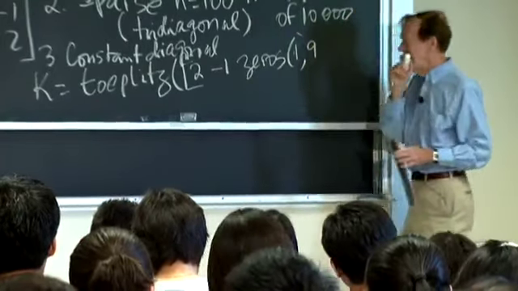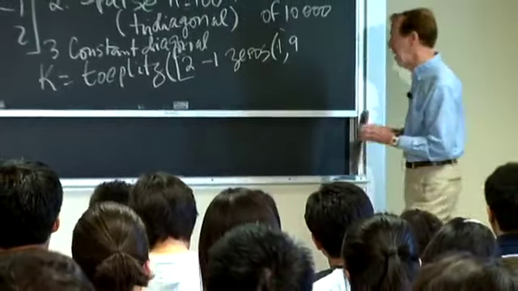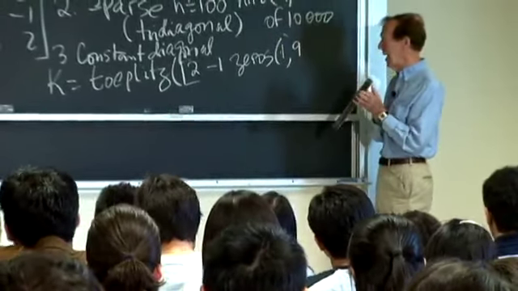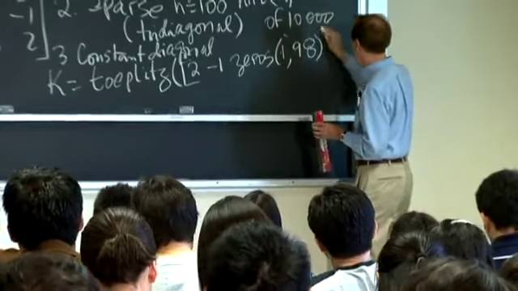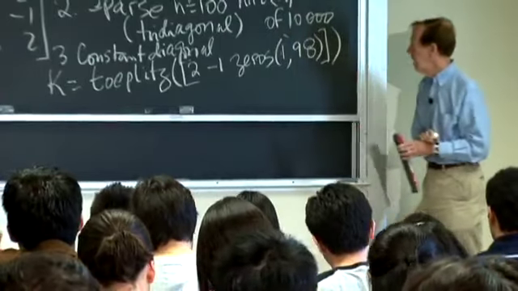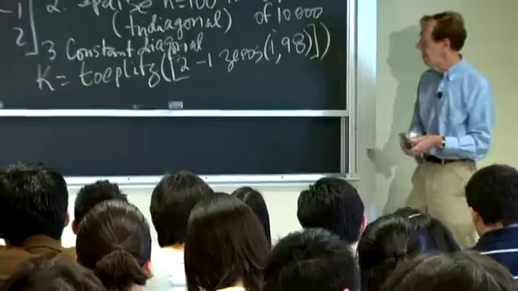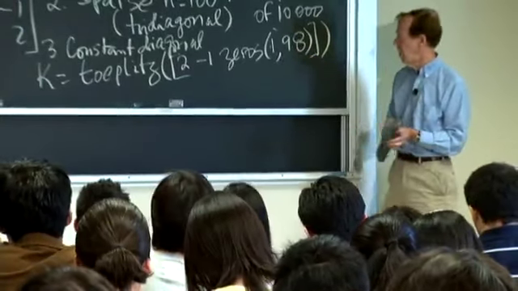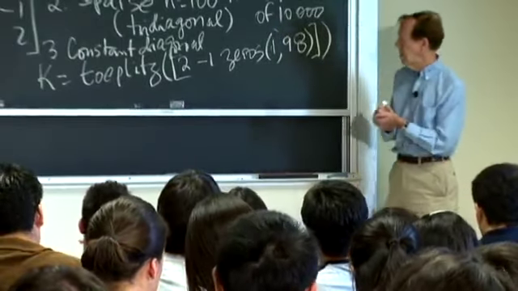I realize getting this videotaped means I'm supposed to get things right. Usually it's like get it right later. But anyway, that might work. Okay. So there's a command, zeros, that creates a matrix of this size with all zeros. That would create the 100 by 100 Toeplitz matrix.